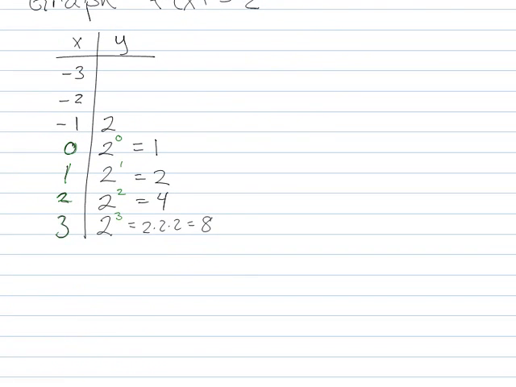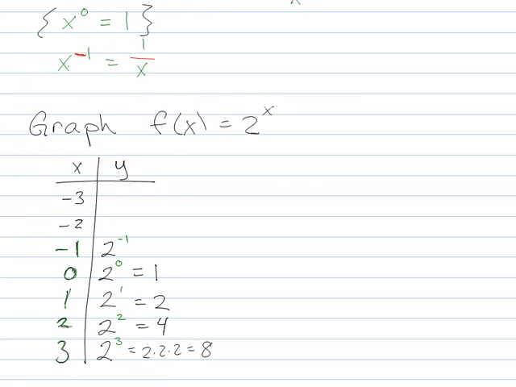Now I've got 2 to the negative 1. Anything to the negative 1, we just flip it. So 2 to the negative 1 is going to be 1/2. 2 to the negative 2: again, we see that negative sign, so that means we flip it.